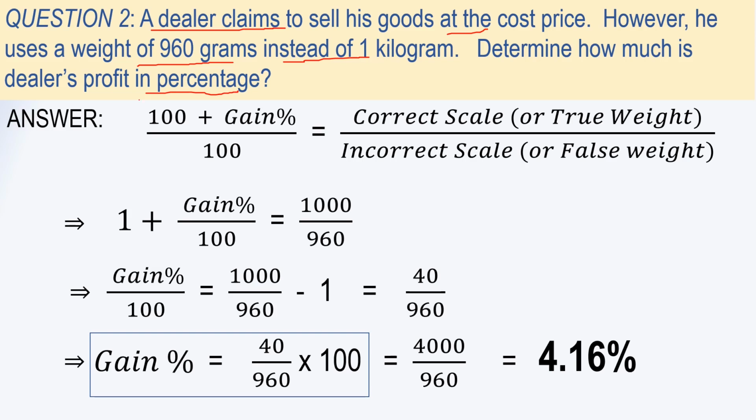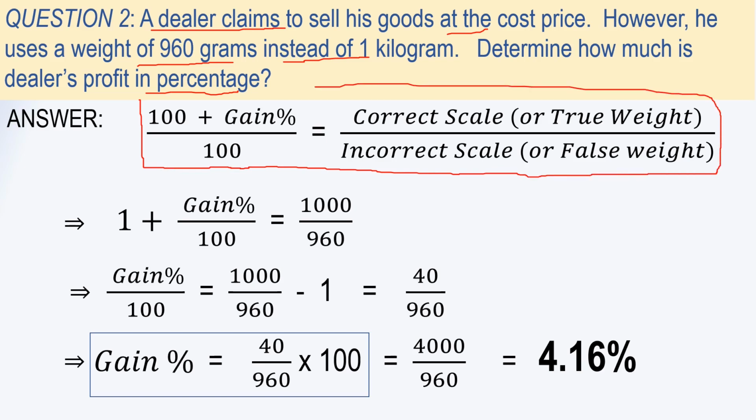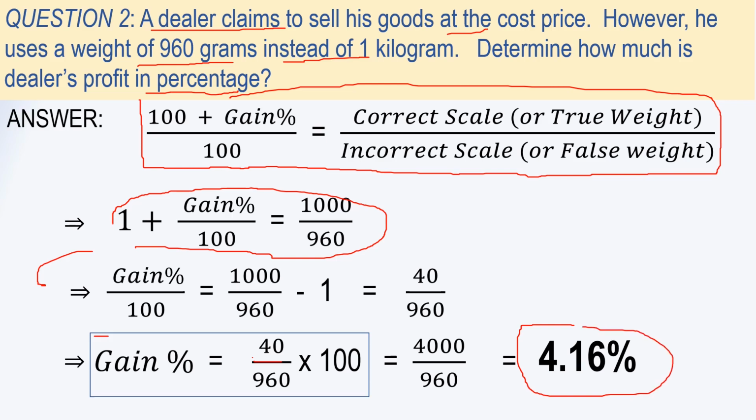We already know that the formula is 100 plus gain percent divided by 100 is equal to correct scale, or we can call it the true weight, divided by the incorrect scale. So if we place the numbers in here, we get 1 plus gain percent divided by 100 is equal to 1000 divided by 960, and if we solve it further we get gain percent is equal to 40 divided by 960 multiplied by 100, which gives us 4.16%.